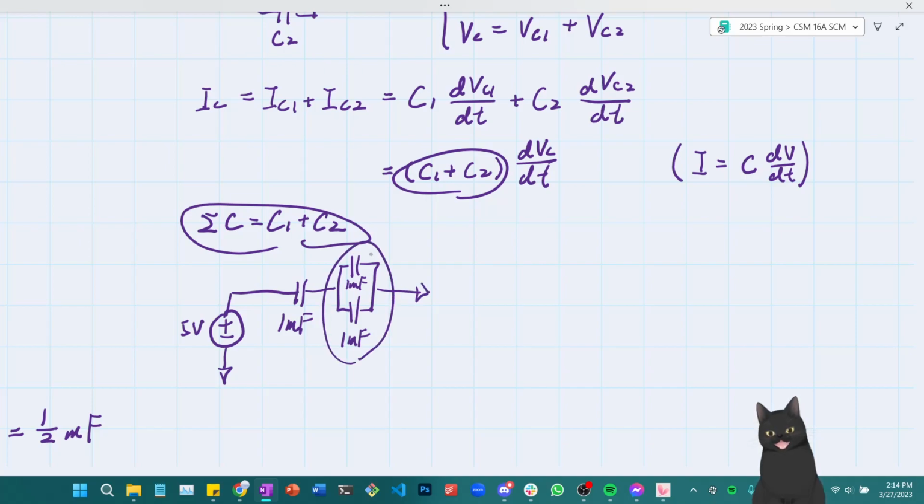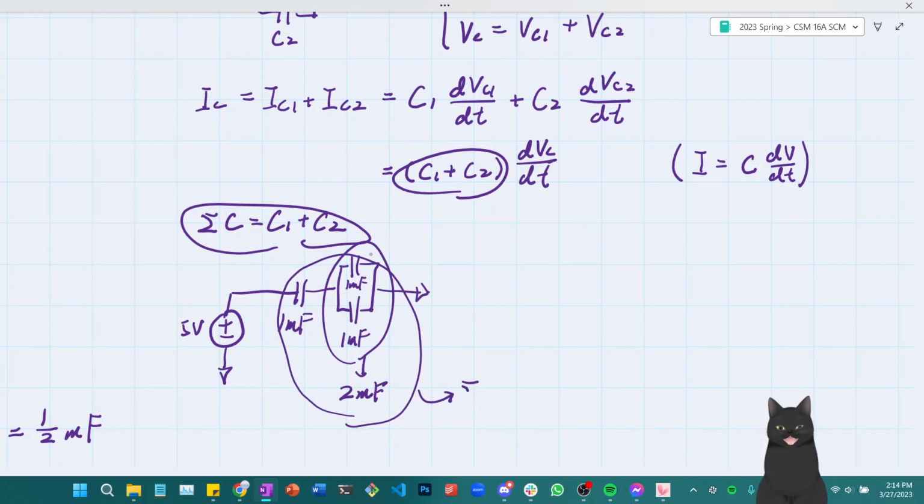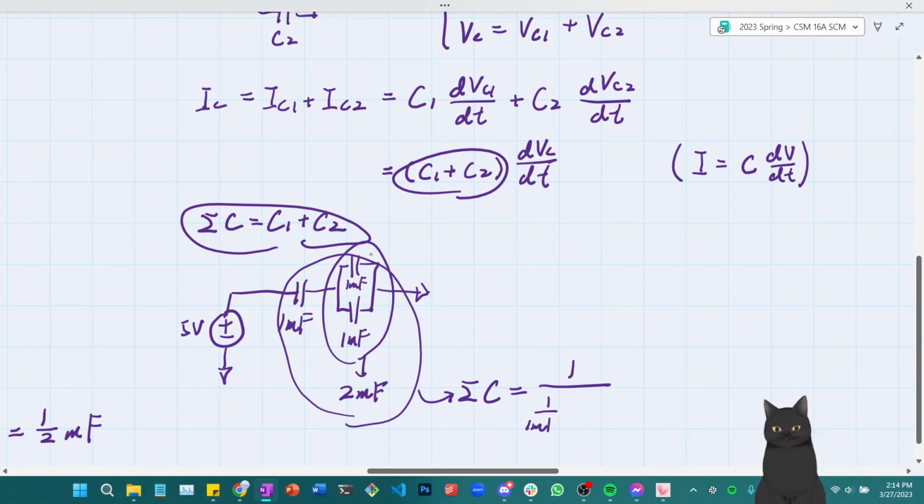So this gets summarized into 2 mF. And a 1 mF and a 2 mF in series has an equivalent capacitance of 1 over 1 mF plus 1 over 2 mF. So that's going to be equal to 2/3 mF.